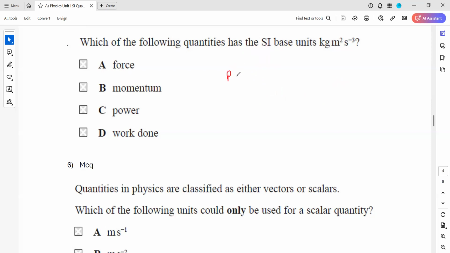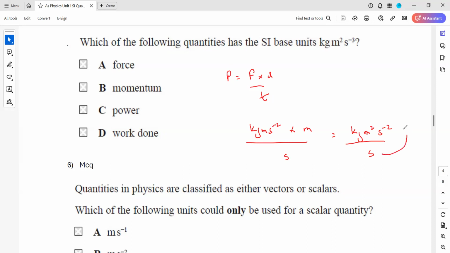Power is work divided by time, or force times distance divided by time. Force is Newton, or the base unit is kilogram meter second minus 2. Distance is meter and time is second. When we simplify, this becomes kilogram meter square second minus 2 divided by second.